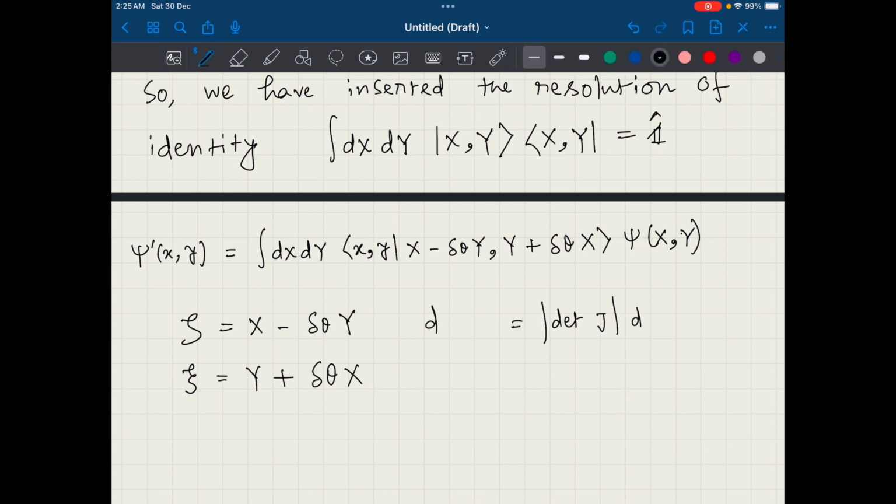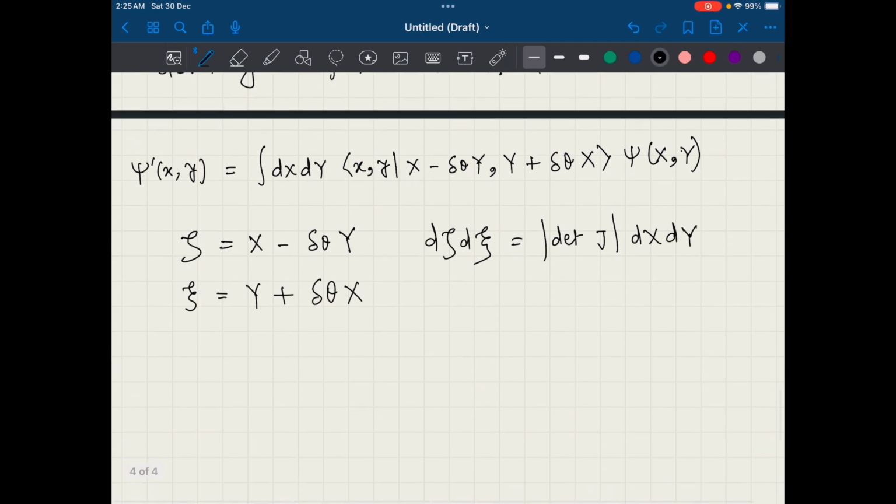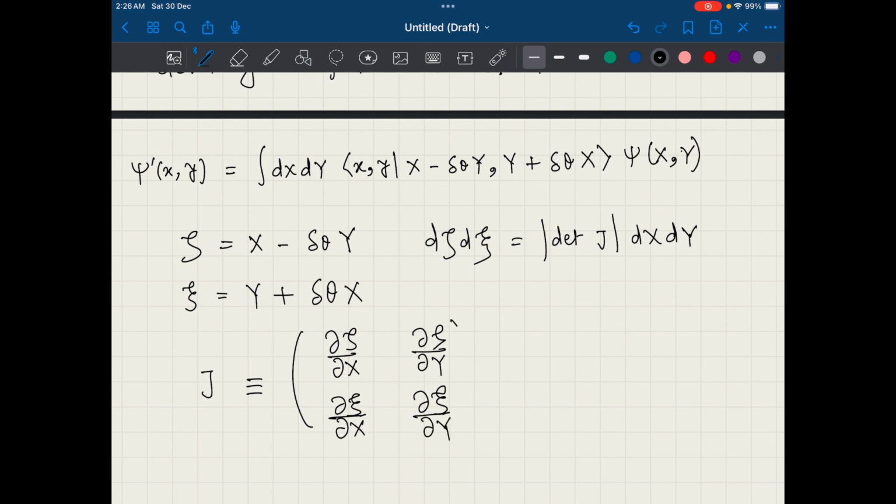So d zeta d xi is the determinant of this Jacobian times dX dY. Here J is defined as the matrix of partial derivatives: delta zeta delta X, delta zeta delta Y, delta xi delta X, delta xi delta Y.